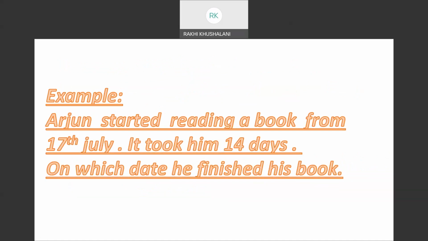Now let's look at one example. Arjun started reading a book from 17th July. It took him 14 days to read the book. On which date did he finish reading it?